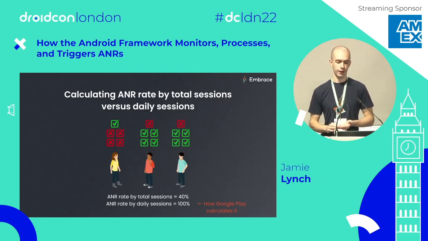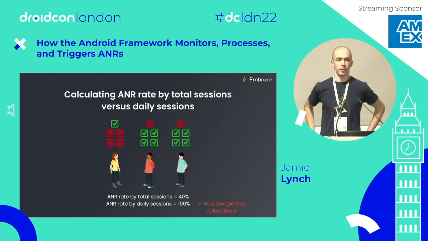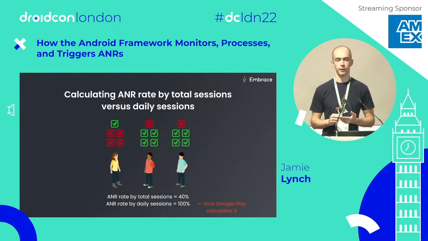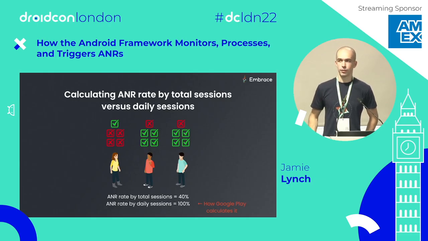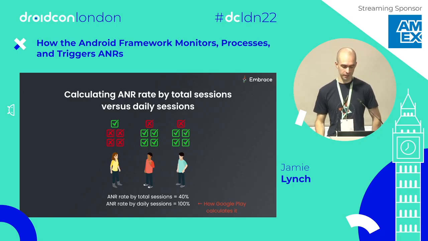So if you have an ANR happen in one of those sessions, you might say there's an ANR rate of 20. But that's not actually the case. Android Vitals calculates the session metric as the number of users who've used your app at any point during the day. And this can really throw off session calculations and means you really don't have much room to play with ANRs in your app.